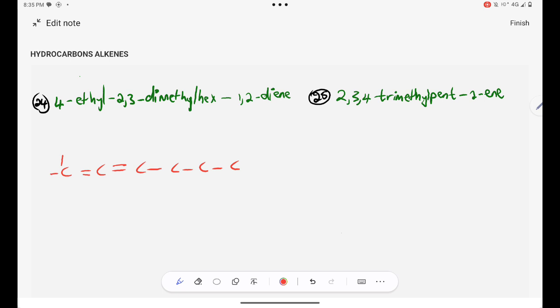I'll have my hydrogen there. Once I have another hydrogen there. Okay, I'm done with dealing with the parent chain. Now I have to deal with the side chains. Okay, carbon number 4, I have an ethyl.